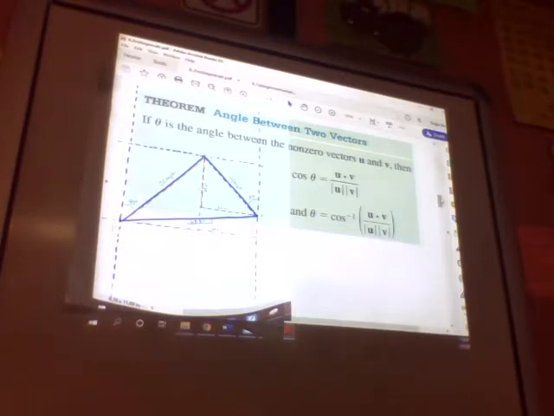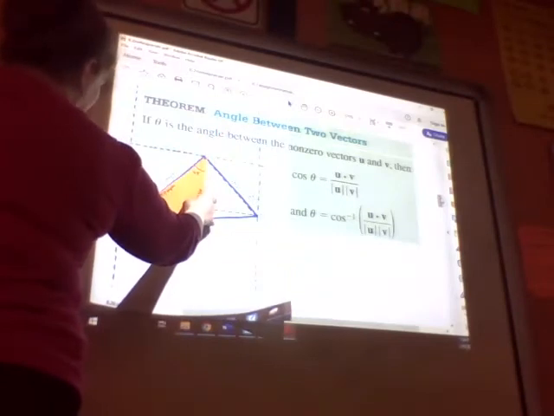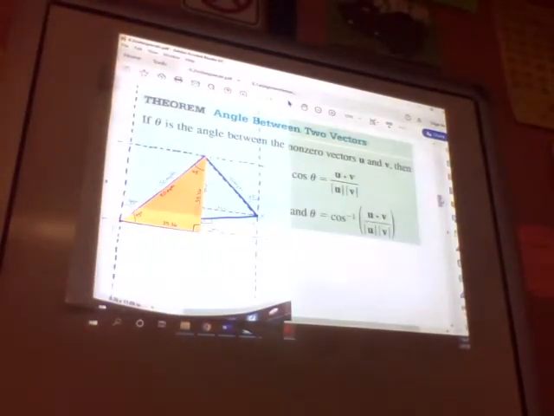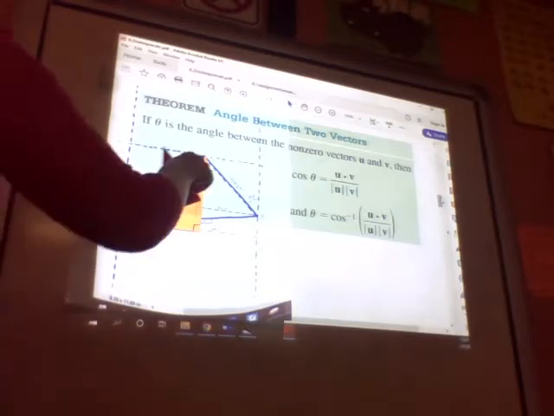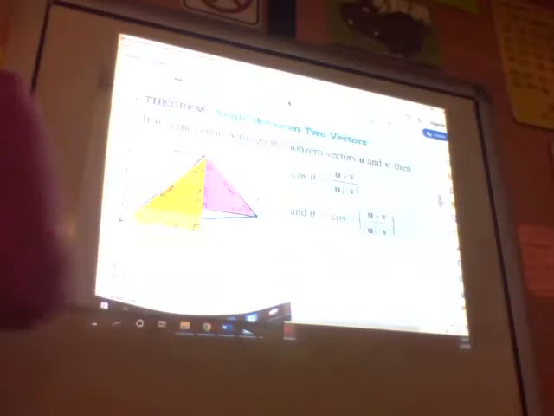So, if you make this triangle and use trig to find all of its side lengths, because we have enough information with this angle measure and this side length. And then you do that with this one, because we have this side length and this angle.